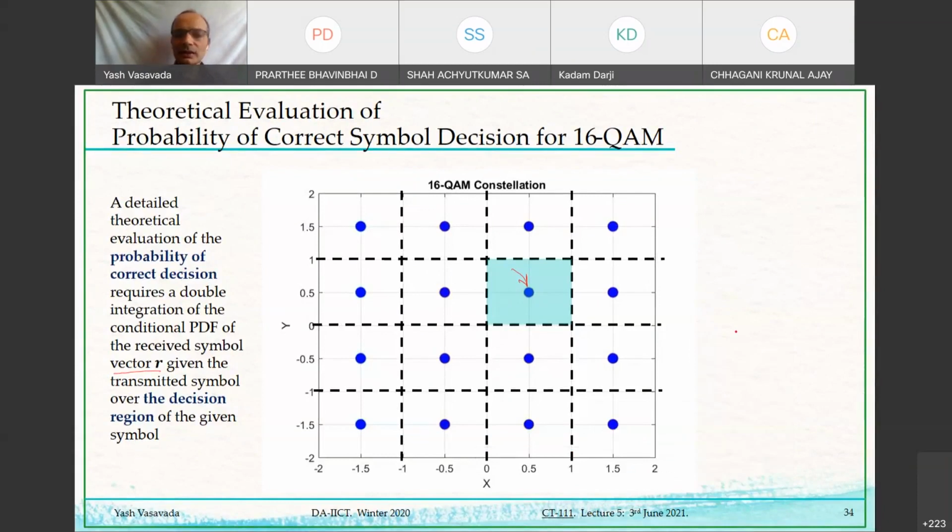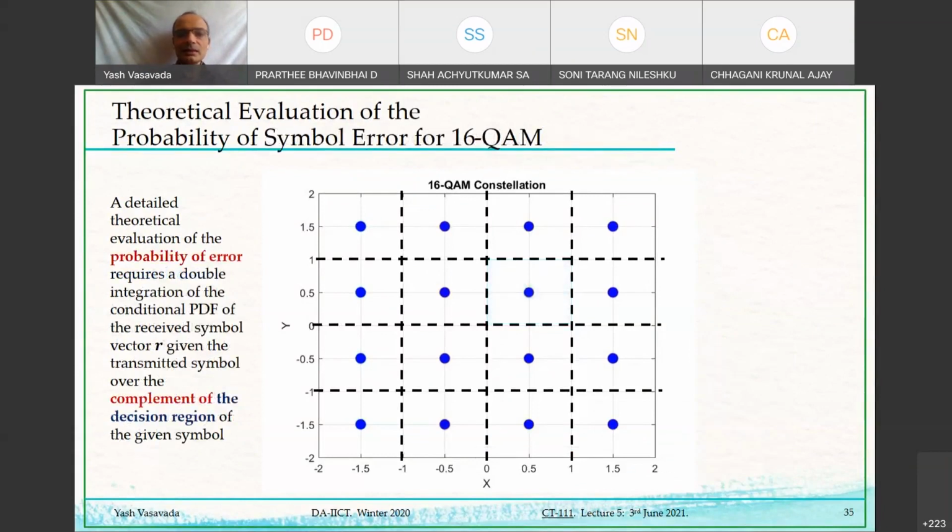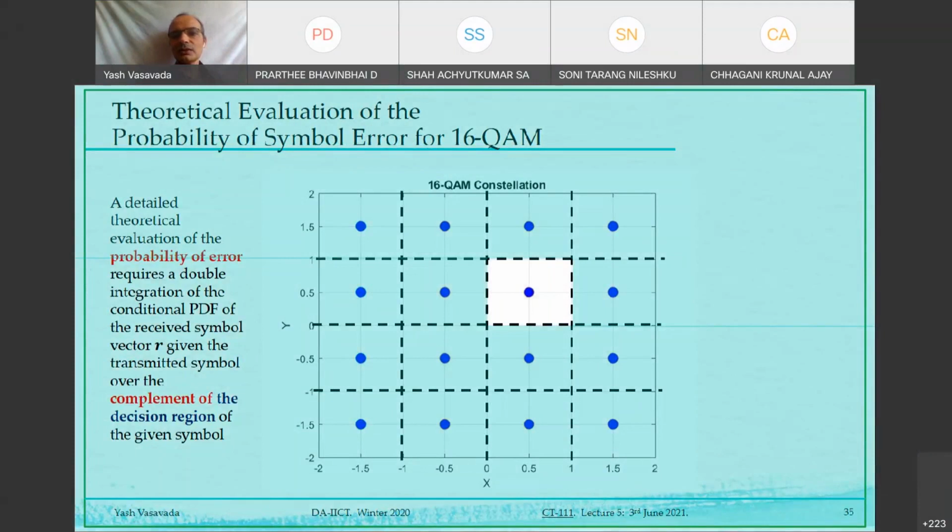What will the region of integration look like? It should be the integral over the region outside this box. So the probability of symbol error would be an integration over the entire 2D plane minus this square. So maybe sometimes this is easier to do. Instead of evaluating the probability of correct detection, you would evaluate the probability of symbol error.